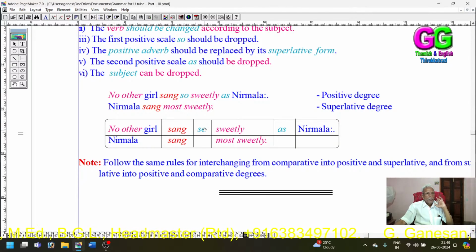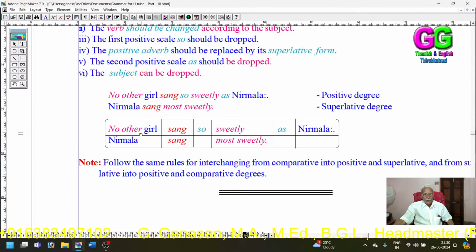Thirdly, the first scale of the positive, so, should be dropped. Fourthly, the positive adverb should be replaced by the superlative adverb: sweetly, most sweetly. That's all. Then the second scale of the positive degree and the complement may be dropped, because these three things give the entire meaning.